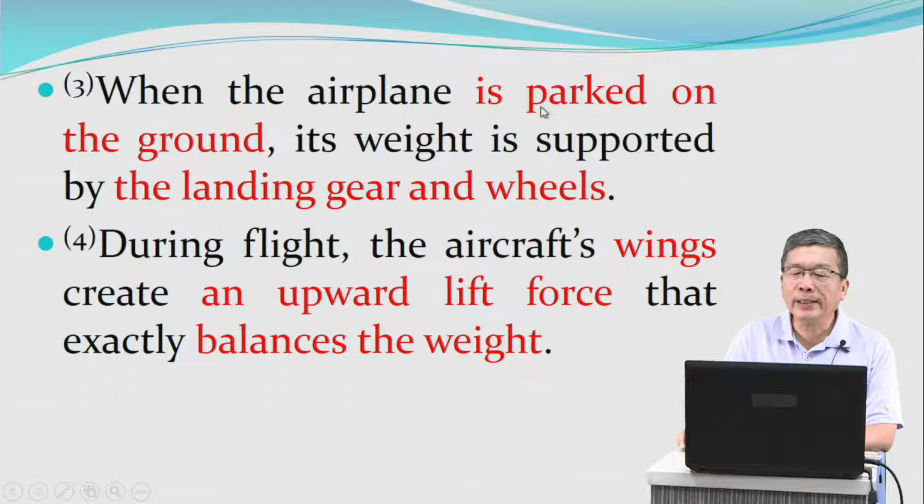When the airplane is parked on the ground, its weight is supported by the landing gear and wheels. During flight, the aircraft wings create an upward lift force that balances the weight.